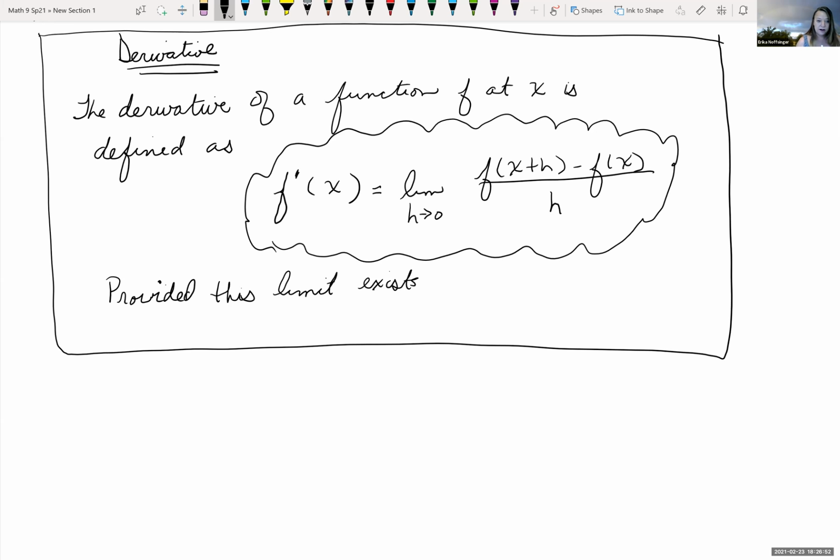And if we wanted to find the instantaneous rate of change, or the derivative, at some value x equals a on f of x, we would denote it as f prime of a.